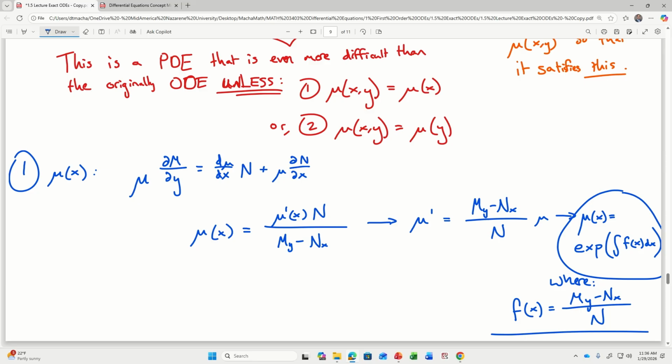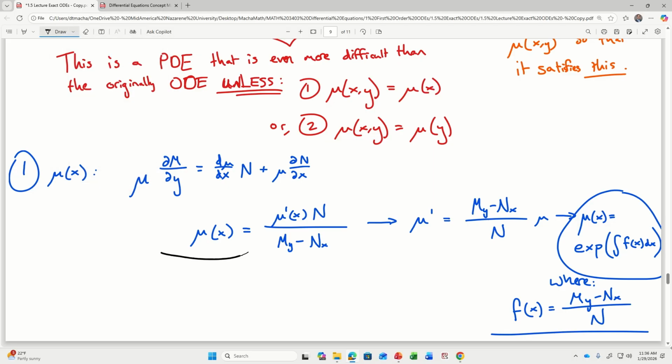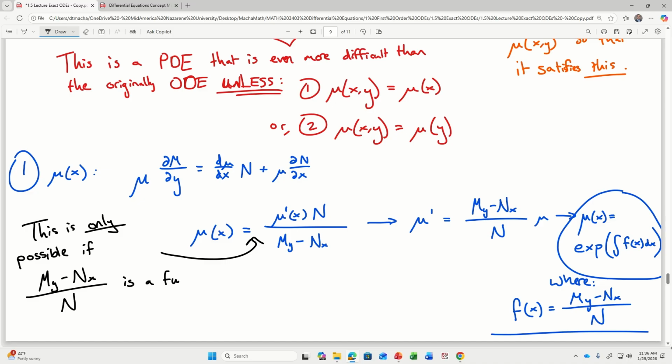And importantly, I need to make another note here, that this only works, this is only possible, if this part is a function of x only.